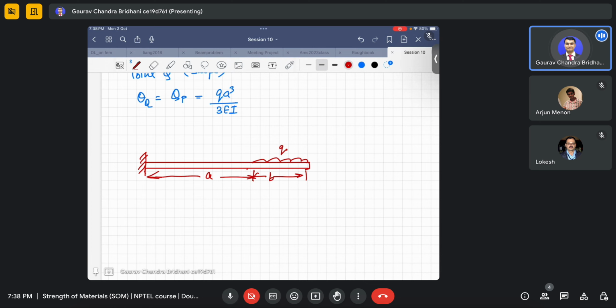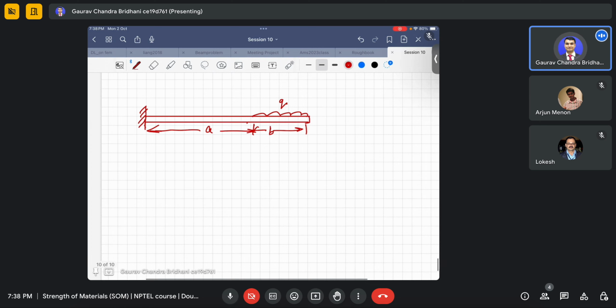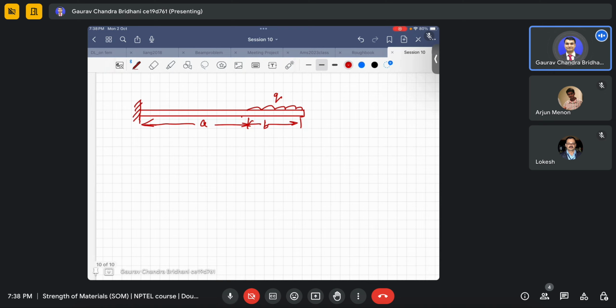What is the quickest way to solve this one? One way could be, because we are living in the principle of superposition world, we can make the same beam like this, and first we load it fully like this.